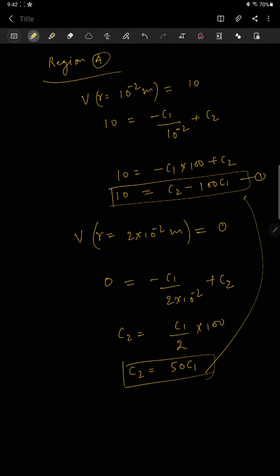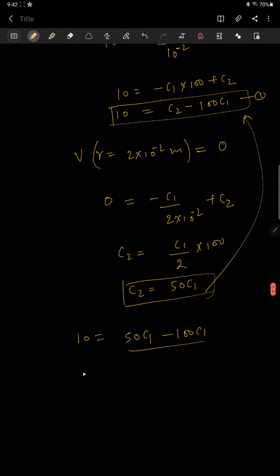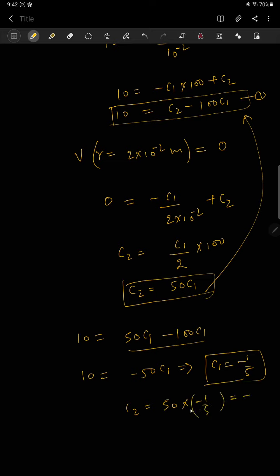Now use this equation in the previous one. So 10 equals 50 C1 minus 100 C1. How much is this? Minus 50 C1, which gives you C1 equals minus 1 by 5. So this is C1. Then C2 is 50 multiplied by minus 1 by 5, which gives you minus 10.